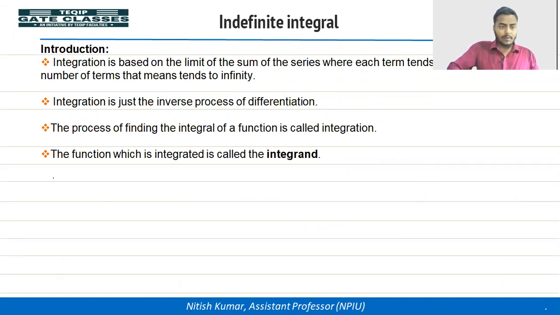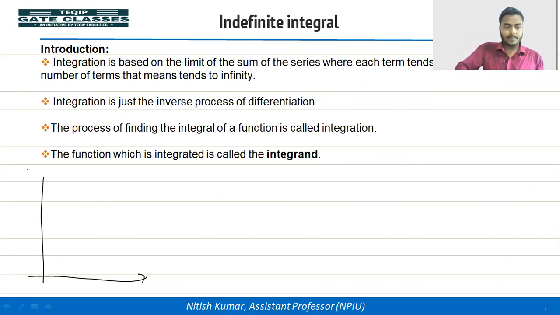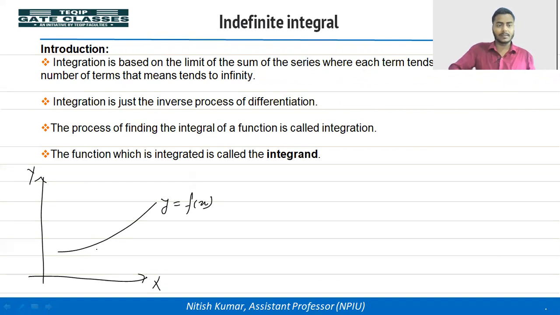So, to understand integration, just draw a graph. This is y is equal to a function of x. This is the x axis. This is the y axis. Suppose we want to calculate the area between x is equal to a and x is equal to b.